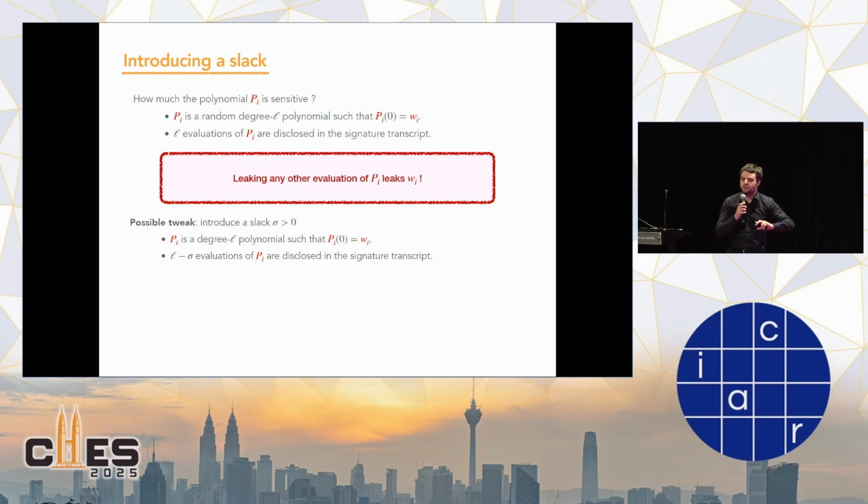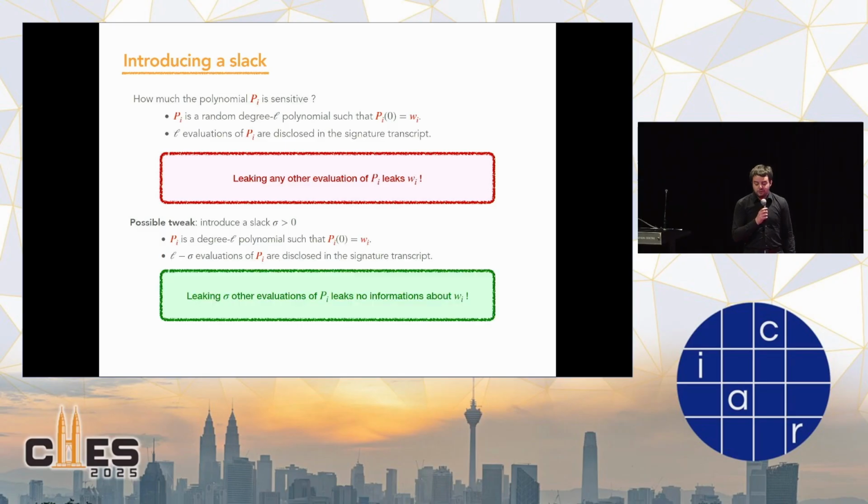There is a difference between the degree of the polynomial and the number of evaluations we reveal in the signature. If we do that, then it means that we can reveal sigma other evaluations of P without leaking the secret. And this will be intuitively very practical because it means that we have some sigma probing security by default for part of the scheme.